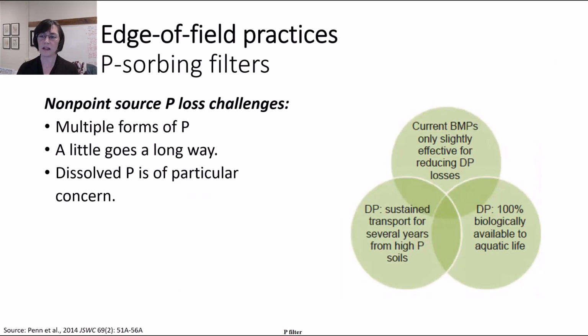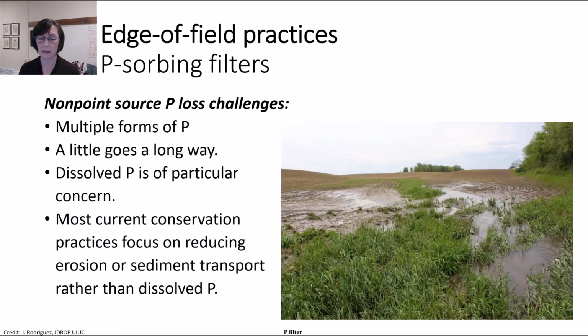And of course, we're particularly concerned about dissolved phosphorus because it's immediately biologically available compared to particulate phosphorus and can immediately cause negative aquatic impacts with eutrophication. A compounding factor here from the agricultural perspective is that most of our current conservation practices address erosion or sediment transport and aren't necessarily intended to reduce dissolved phosphorus losses.